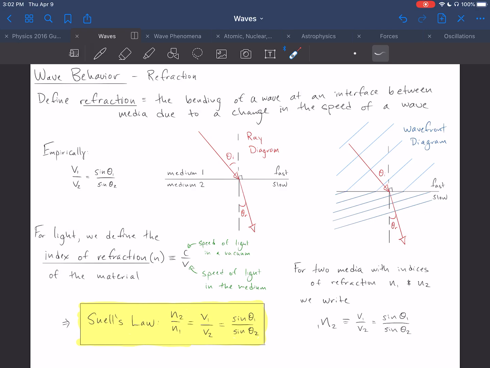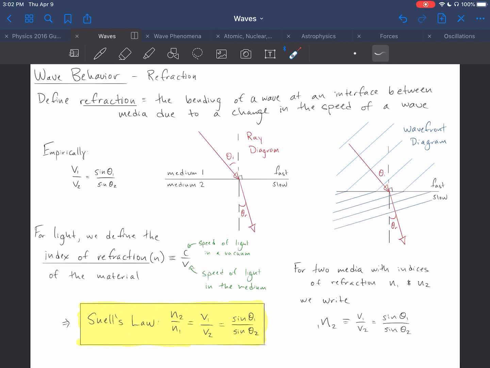This wave bends at the medium, and empirically, the velocities of the wave in the media are related to the angles at which they refract. So v1 over v2 equals sine of theta 1 over sine of theta 2.